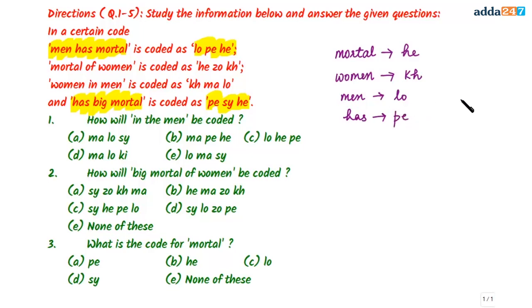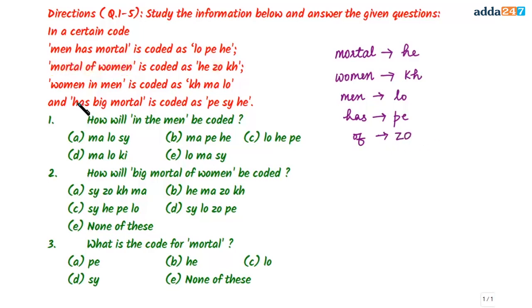So that would mean that has corresponds to PAY. Let's look at the second sentence once again. Here we have "model of women". We've already coded model as HE and women as KH. So here we have "of". Apart from HE and KH we have ZO. So that implies that of will correspond to ZO.